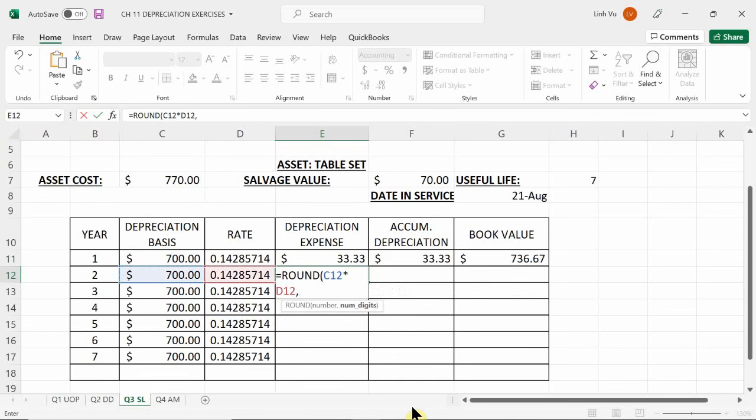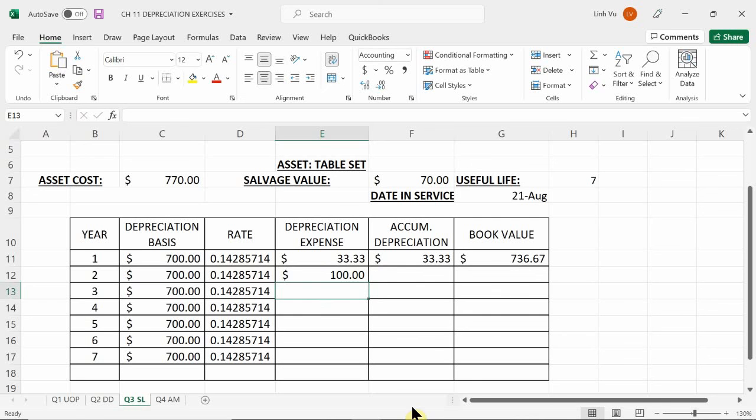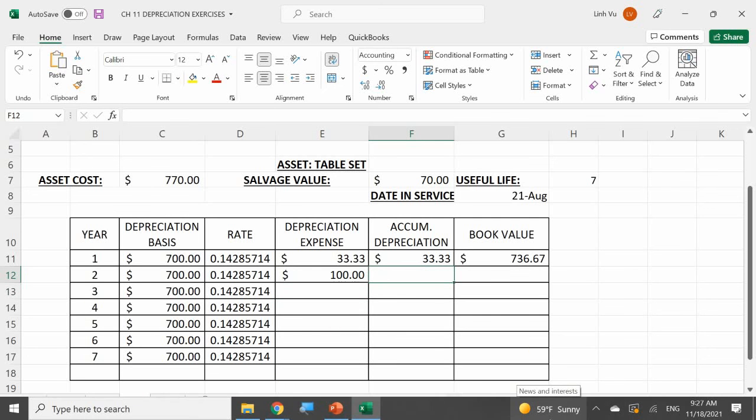$100. It's going to be $100. It's supposed to be D12, comma 2 for $100. So then what is going to be my accumulated depreciation? $133.33. Correct.